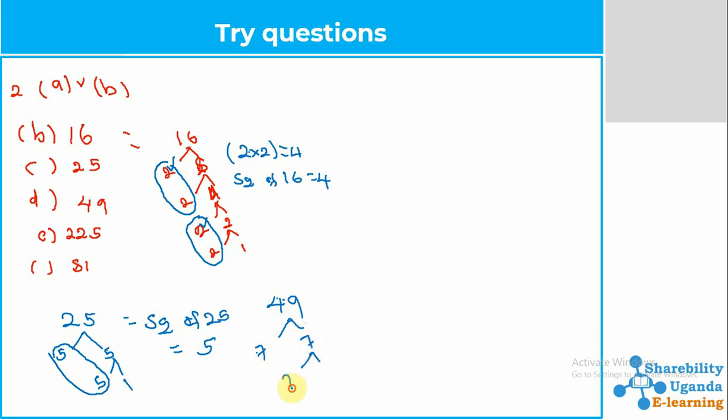Also we divide it by 7, we shall get 1. So this simply means that also the square root of 49 is going to be equal to 7. So these are our square root numbers.